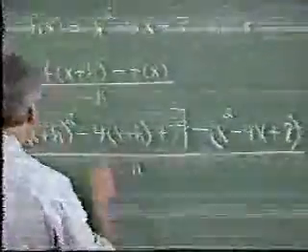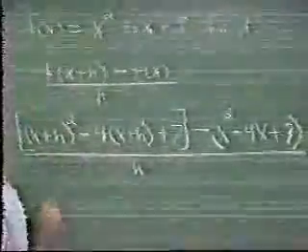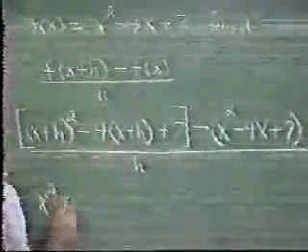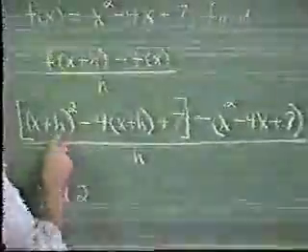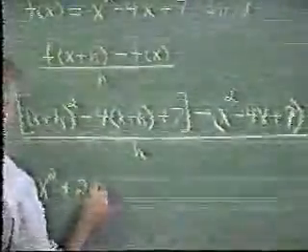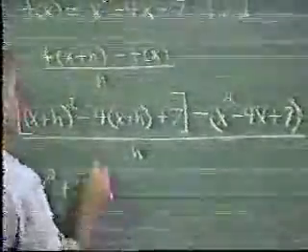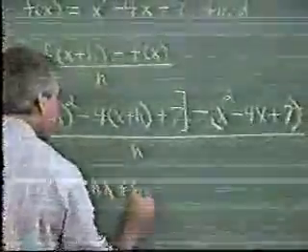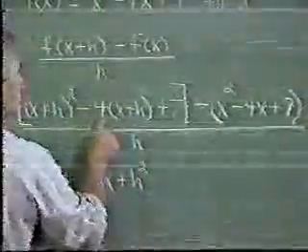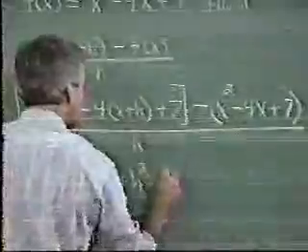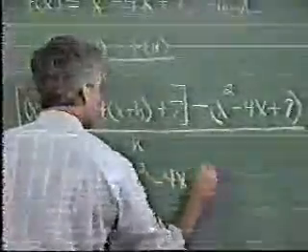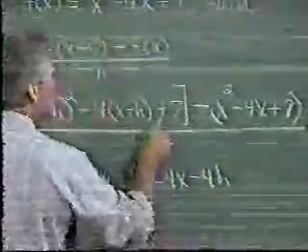Now we simplify. X plus h squared. Well, let's see, that's x squared plus 2 times the product of these two, which would be hx plus h squared, minus 4 times x plus h, that's minus 4x minus 4h plus 7.